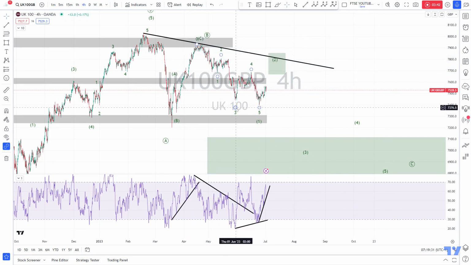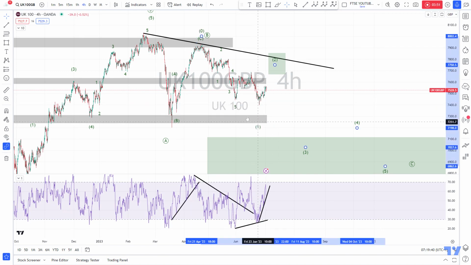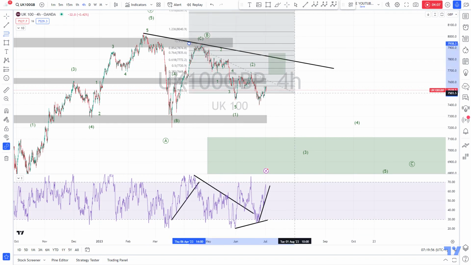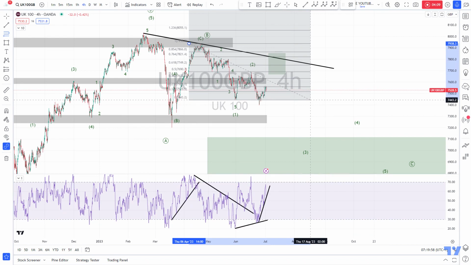But actually, I also believe in this scenario where our wave 1 was in here, 1, 2, 3, 4, 5, that we already did our wave 2, because look, from this low, we perfectly hit the 0.5 FIB retracement and went down again.